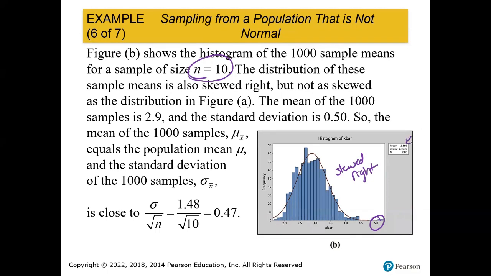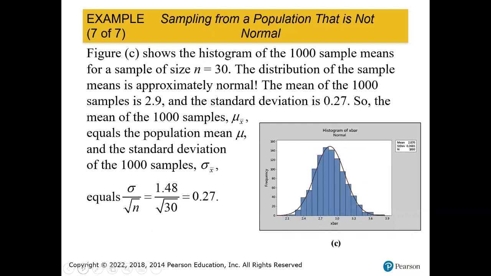My mean is still just about 2.9 if I rounded. My standard deviation did get a little smaller. That should make sense though. As I increase the number in my sample, my standard deviation will go down. Last one here. What happens when we've now picked 30? Once I pick a sample size of 30, my sample mean now looks approximately normal.